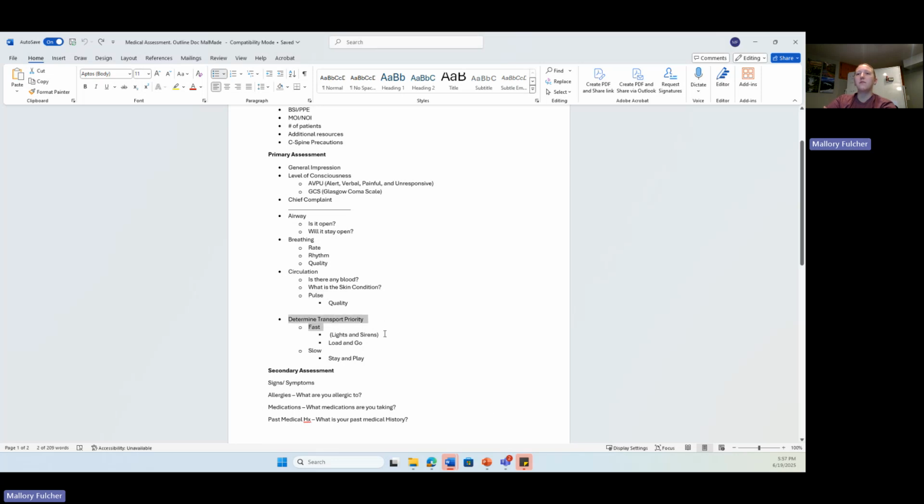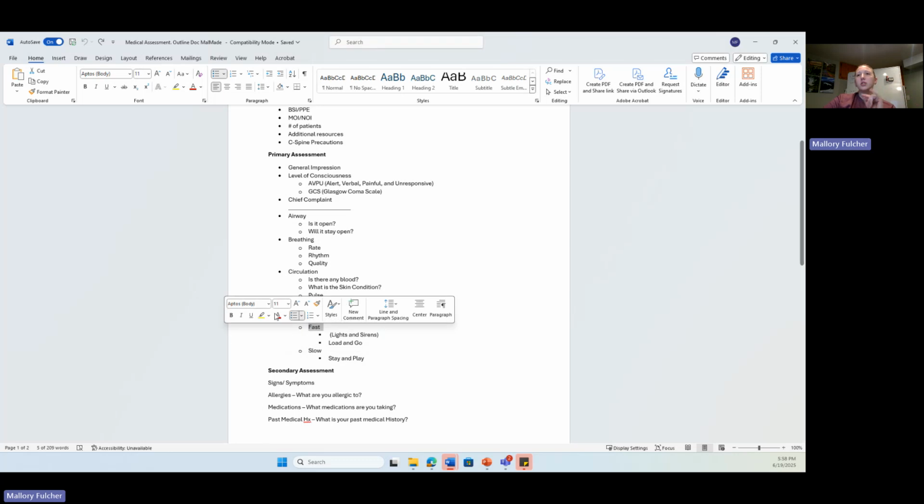And then based on our findings, we're going to determine the priority of our patient. Are we going lights and sirens, that high priority, or are we going low priority, nice and slow, right? If you're working for a transporting service, that's when you decide fast or slow.